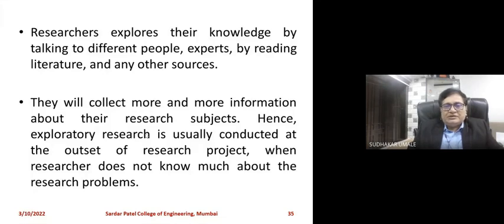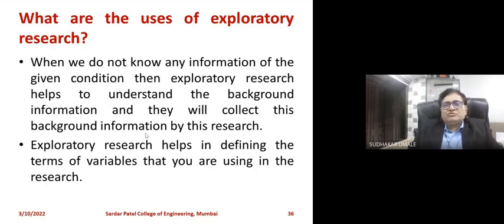They collect more and more information about their research projects. Hence, exploratory research is usually conducted at the outset of research projects when researchers do not know about the research problem.